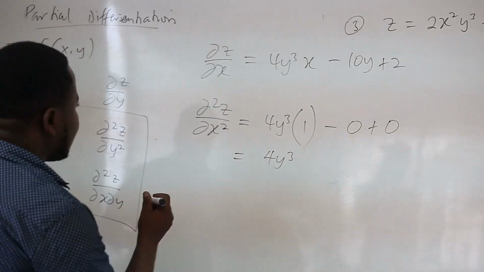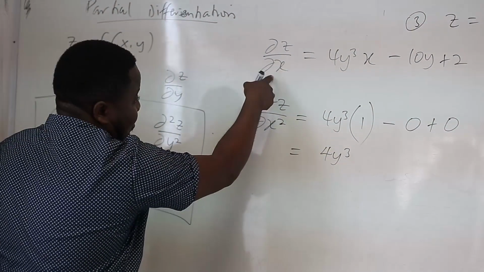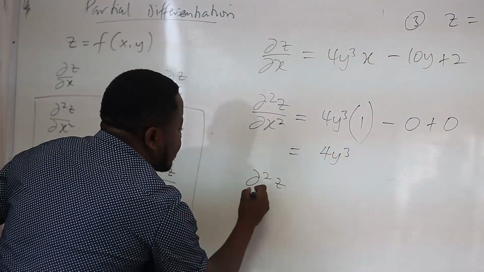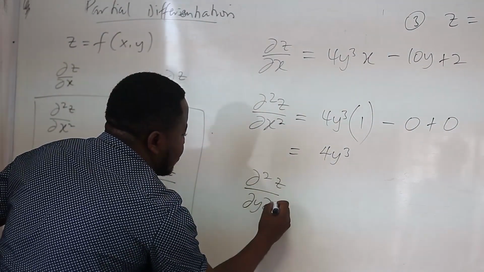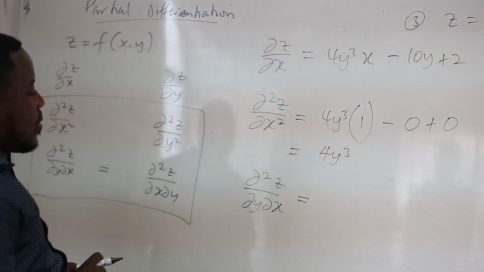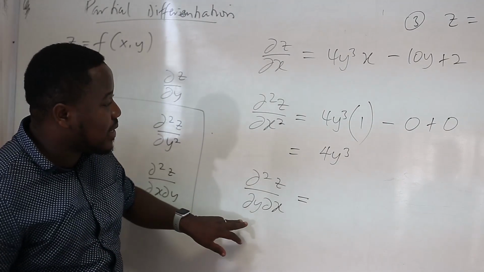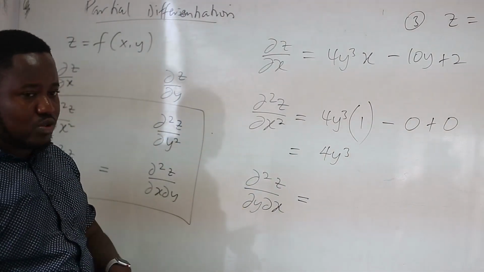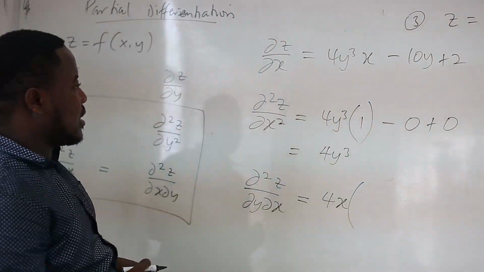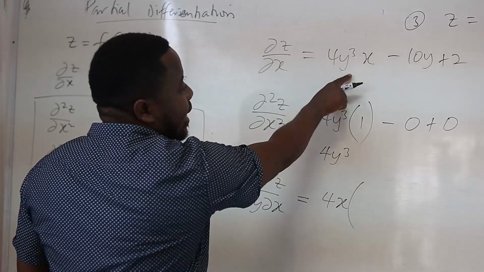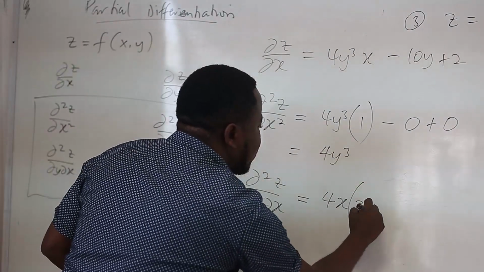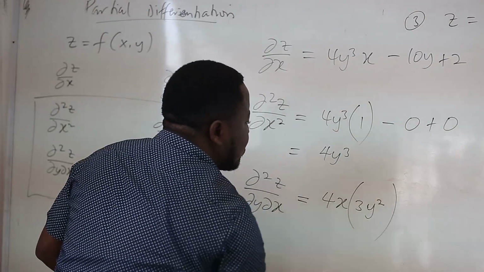Okay? So now we are differentiating this function with respect to y. This is how we write it: d²z/dyds. And this is equal to, since we are differentiating with respect to y, s is constant. So we have 4s as constant, then y cubed. We are differentiating y cubed, so 3 comes down, we have y squared.